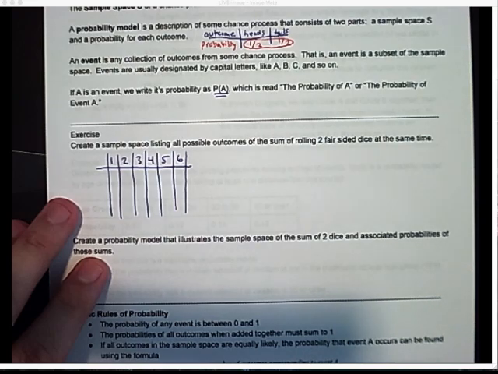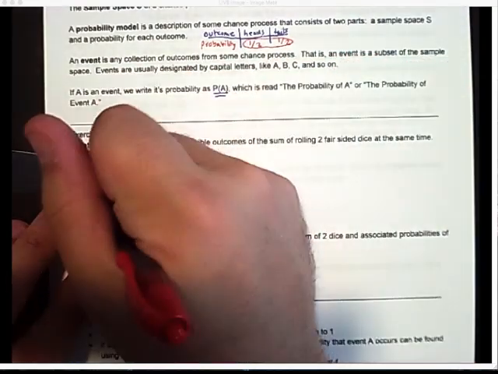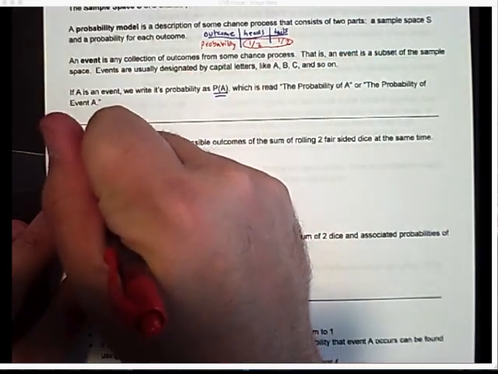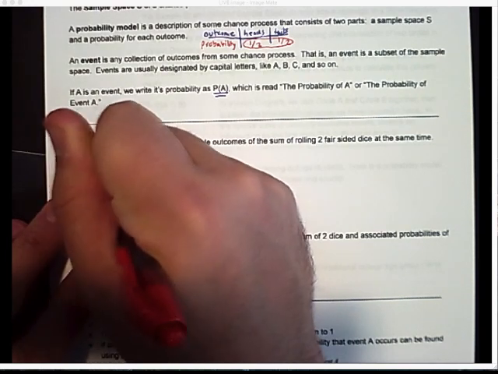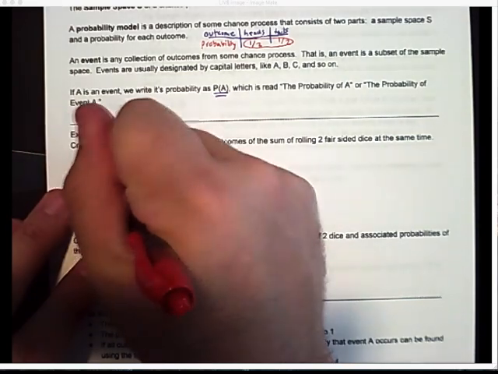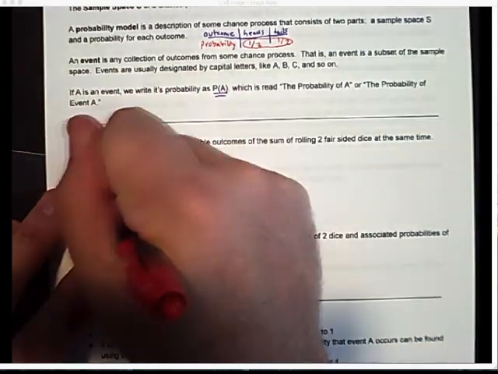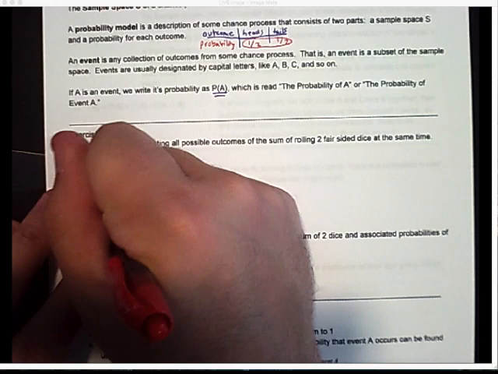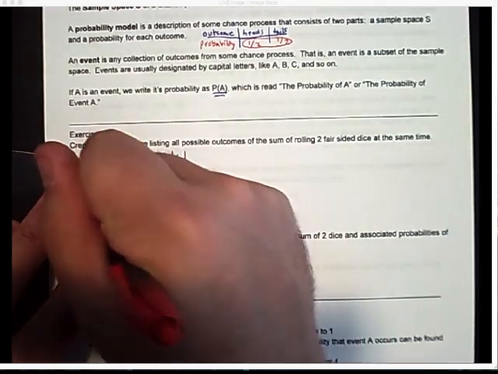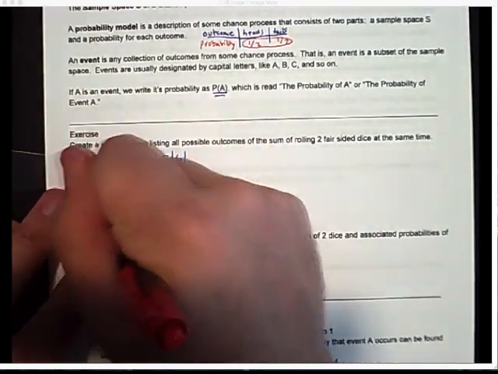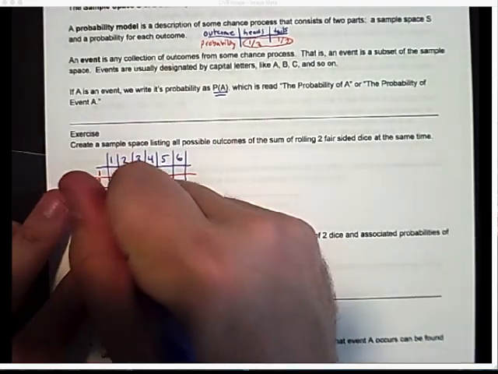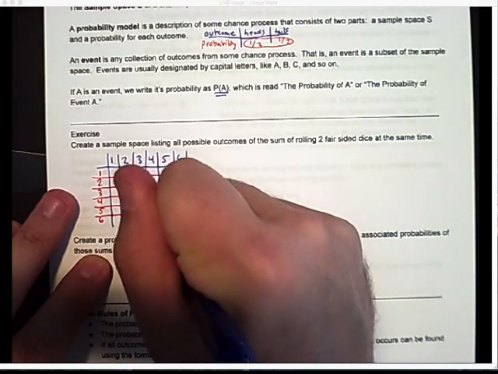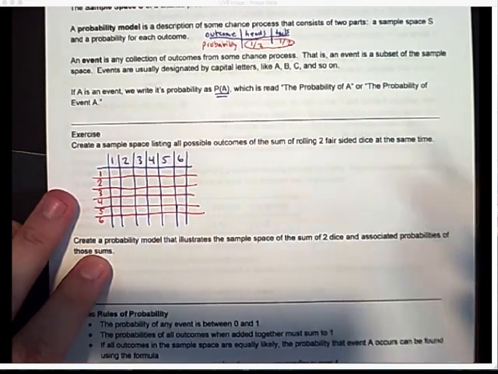All right, when I roll my second die, I can get the outcomes 1, 2, 3, 4, 5, 6 this way. All right, so what I'm going to put in this chart is I'm going to put the sums. I'm going to add these numbers up. And you'll see what I'm doing here in just a second.